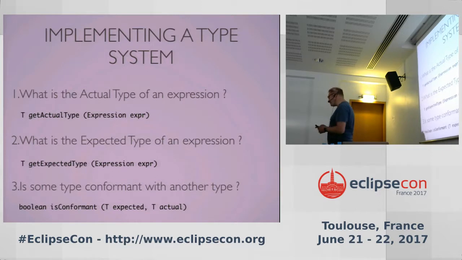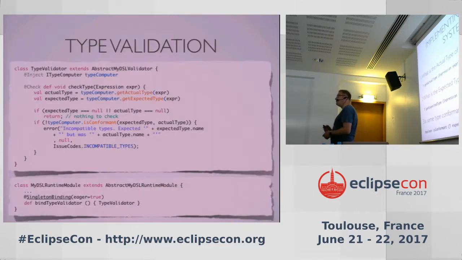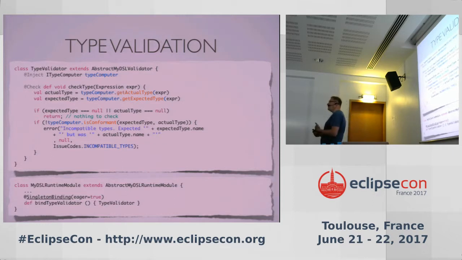Next thing that you would do is integrate this into validation rules. So you want to see if something is wrong, and you use expressions that do not conform to each other. So you could write something like this: a type validator class extending your own DSL validator, either a separate class or integrated into your regular validator.